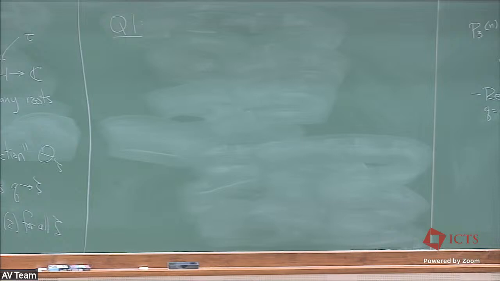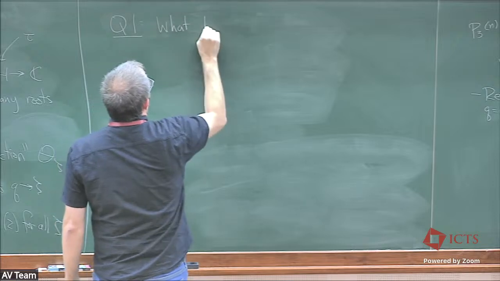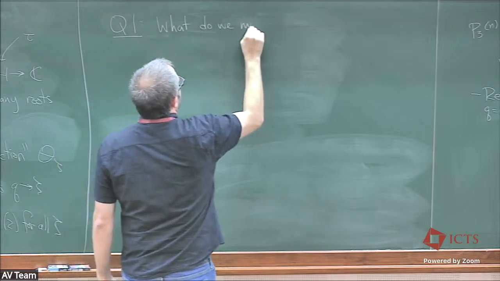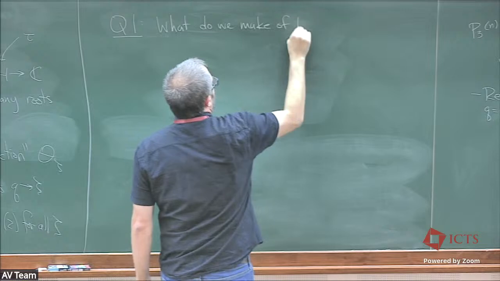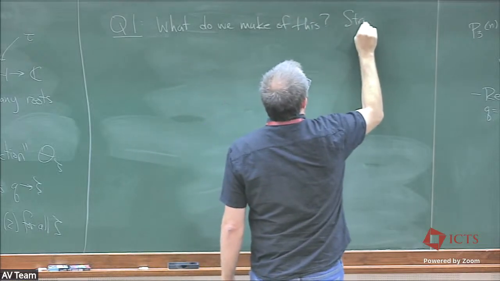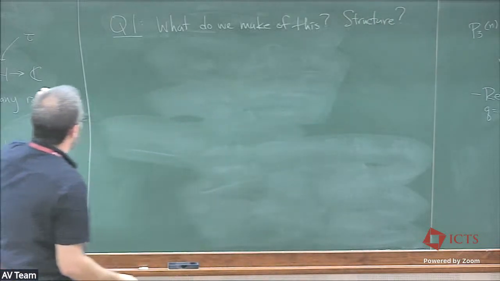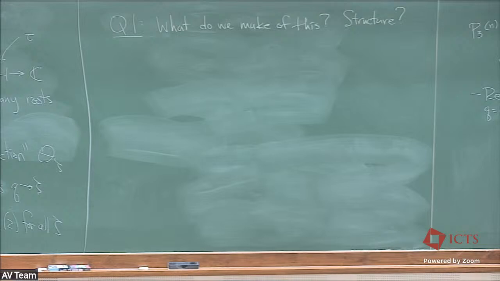There's clearly an action by a group, right? There doesn't seem to be any sort of group theory in here. So what do we make of this? What I'd really like is to see some structure. So that's question number 1: what do we make of this definition?